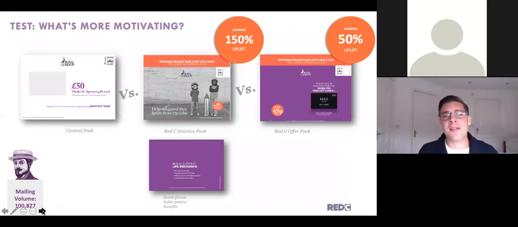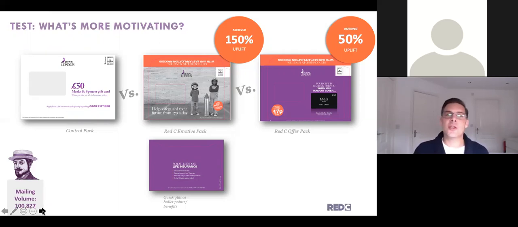We talked about testing. This is a test that we ran for Royal London a couple of years back. The envelope on the left was the control pack. That was it. It was just white with that message on the front about the gift card. We tested two alternatives, both with the purple envelope reverse, which you can see at the bottom there, which basically tells you what the product is that we're selling and four key benefits of it.